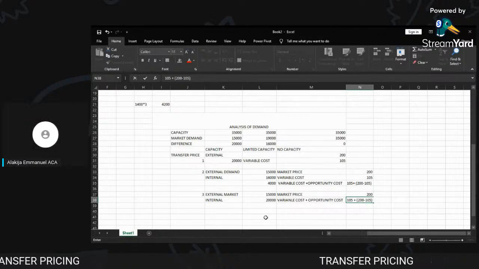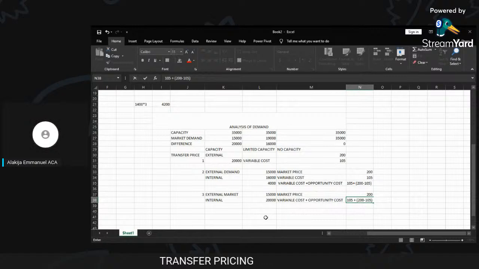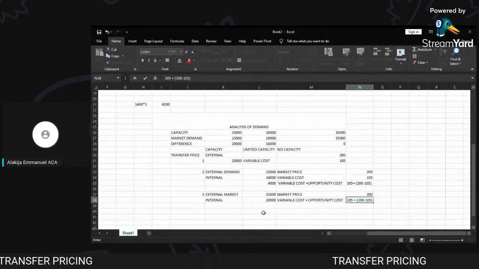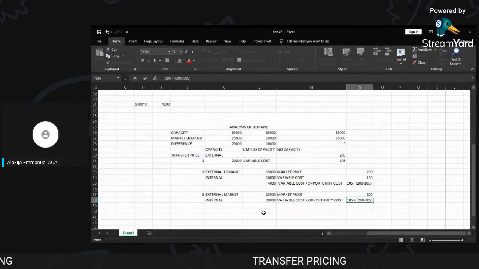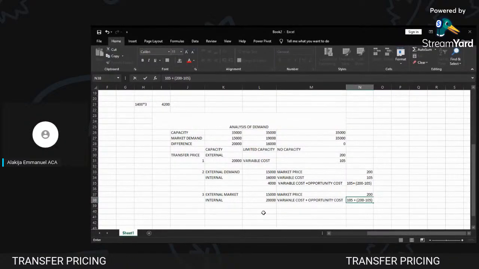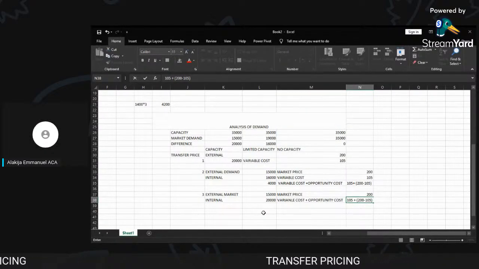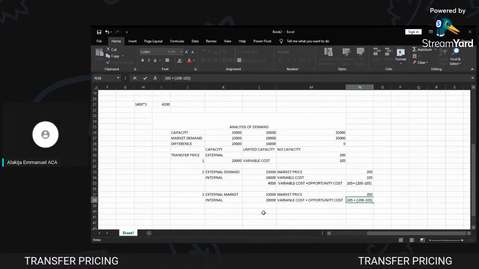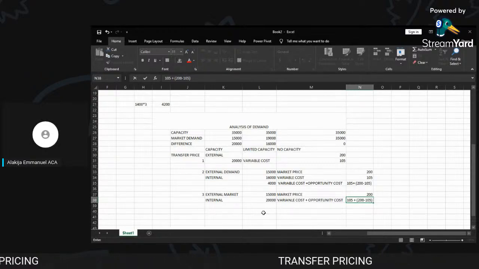And the transfer pricing policy of the company says that we must buy from the X division, it's made compulsory that we buy from the X division. So now I have to consider the market because as a manager in the selling division, I have to consider myself and consider my division as well.